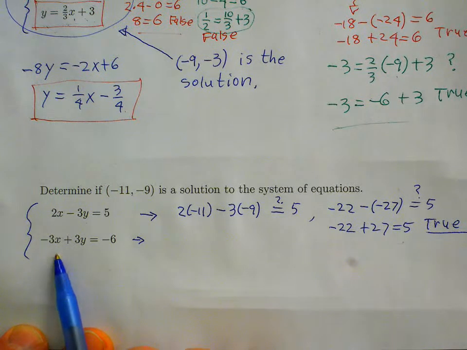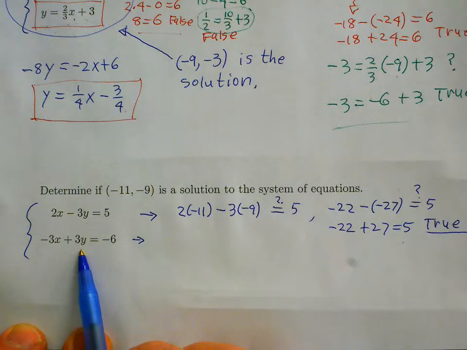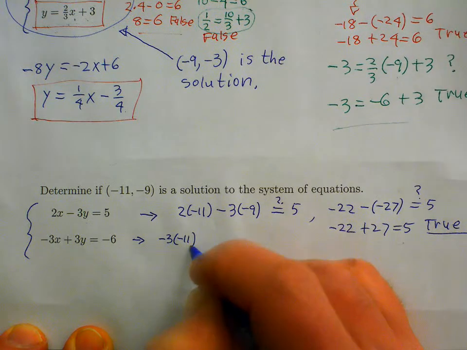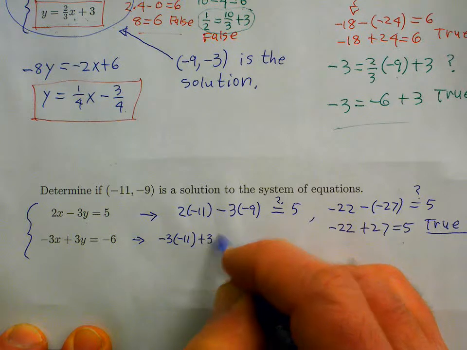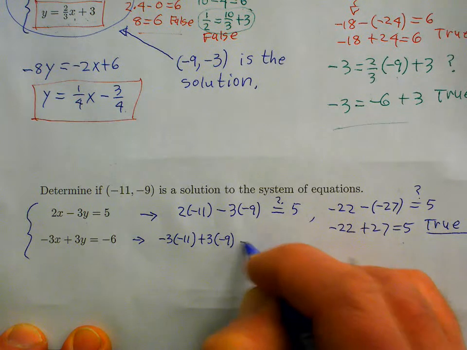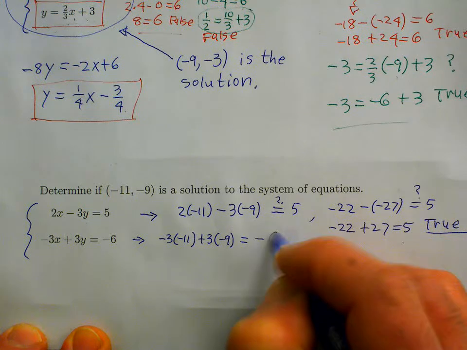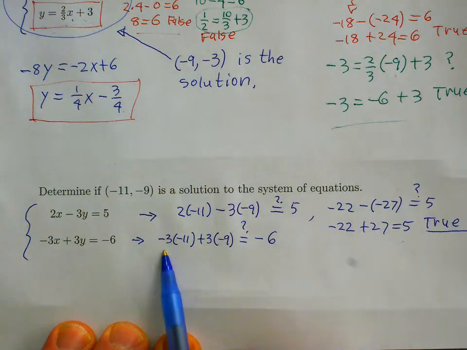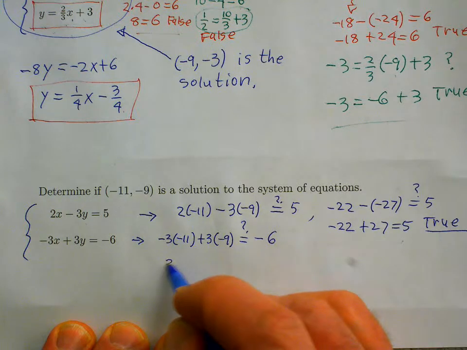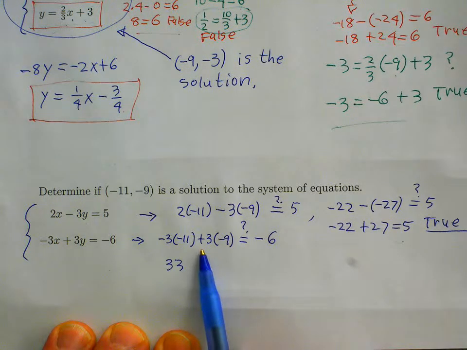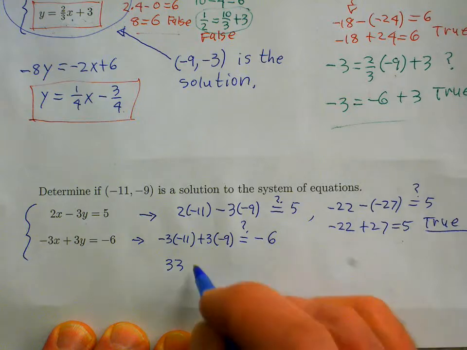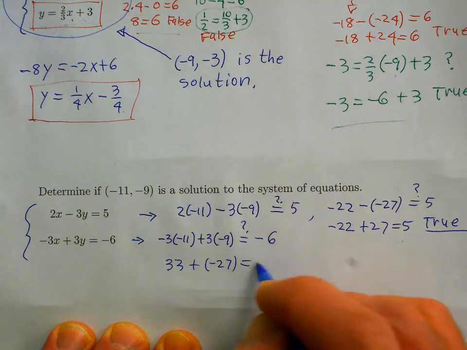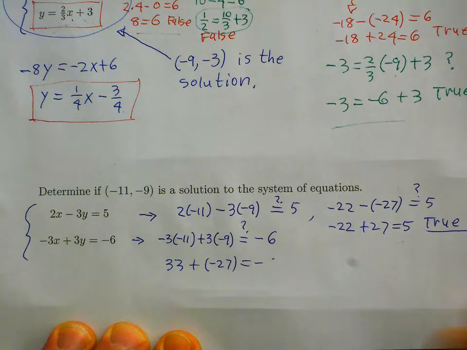Replace x with negative 11, replace y with negative 9. So negative 3 times negative 11 plus 3 times negative 9. Does that equal negative 6? Negative 3 times negative 11 is positive 33. And then we're adding negative 27, so 33 plus negative 27 equals negative 6.